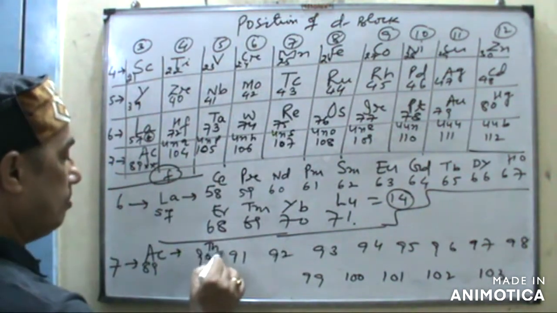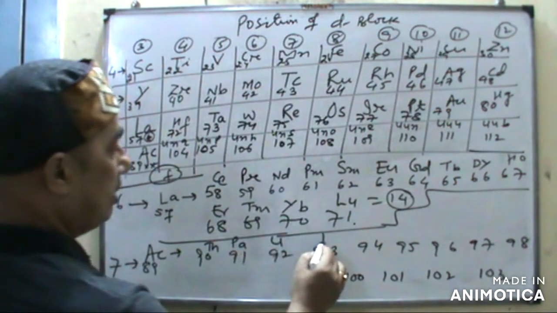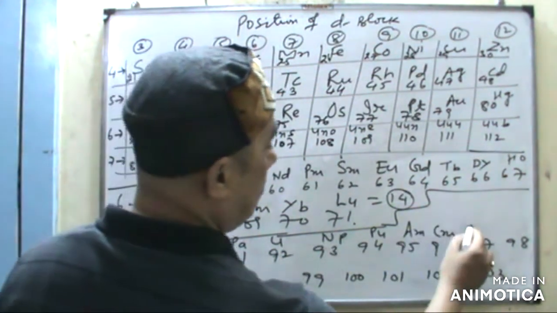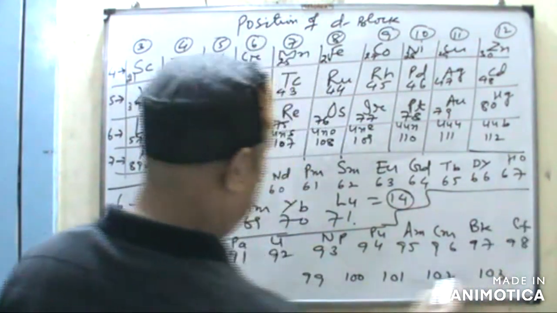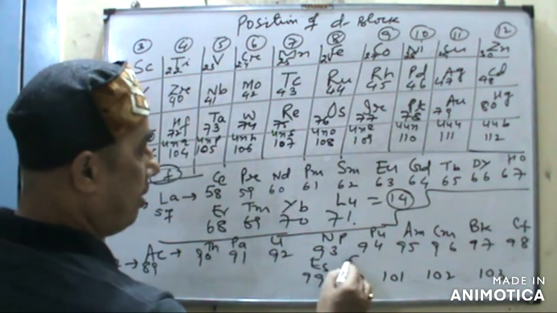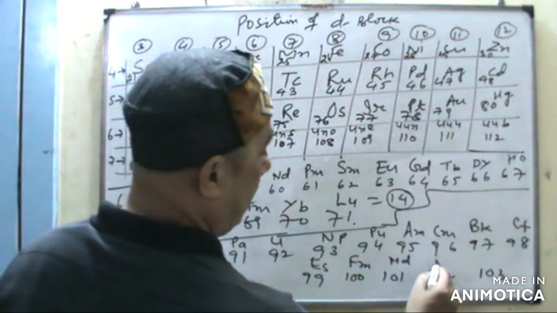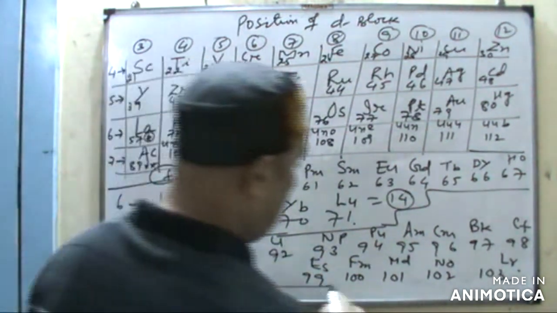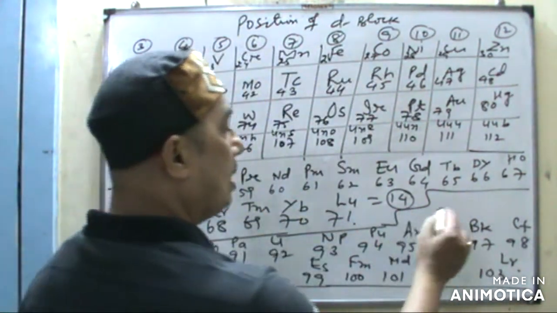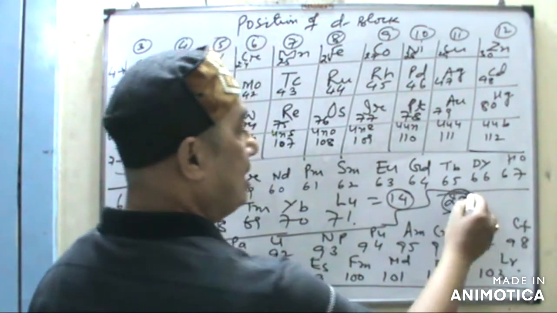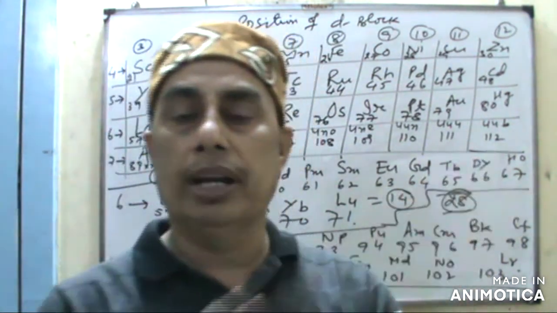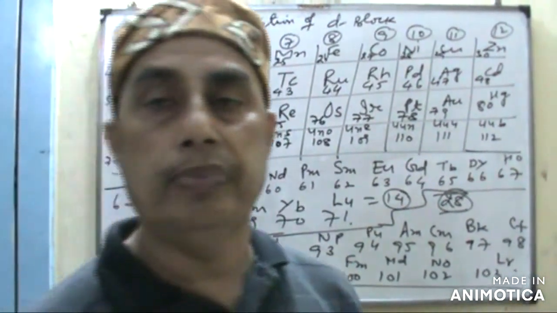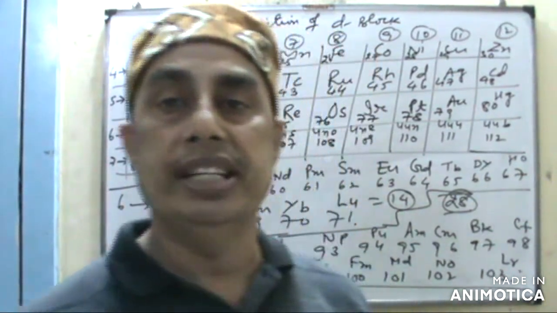So this is thorium, Pa, uranium, neptunium, plutonium, americium, Cm, Bk, Cf, Es, Fm, Md, No and lawrencium. So these are again 14 elements. So 14 plus 14, total F block elements are how many? 28. Total F block elements, that is the lanthanide series as well as actinide series, are all metals. These are 28 elements.